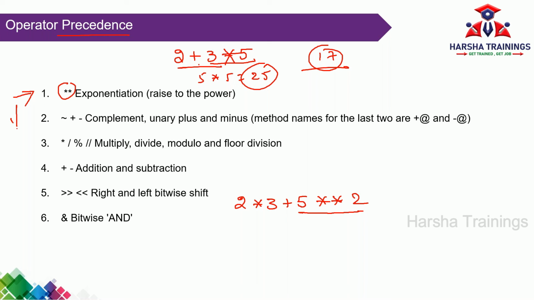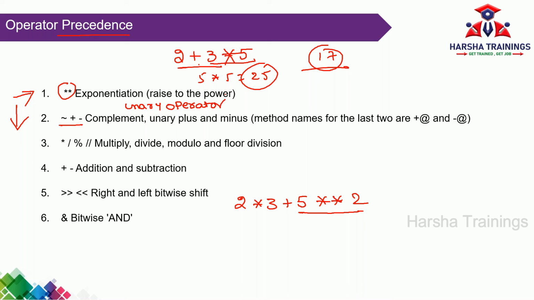These are given in descending order. The highest priority is given to double star. After that come the unary operators. What is meant by unary? Only one operand. Here 2, 5, 3 are called operands.